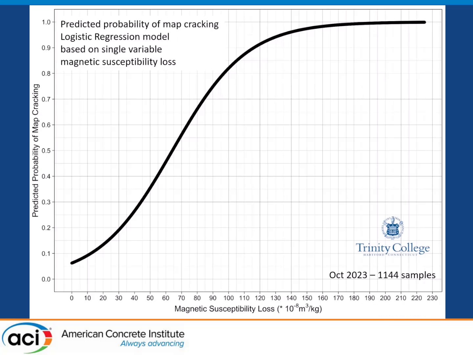And so we attempt to assess map cracking risk by using a logistic regression model, using the single variable of magnetic susceptibility loss, which is our proxy for pyrrhotite concentration, to predict map cracking based on all the samples we've tested to date. And now that we have about 1,000 samples, the statistics get quite good.